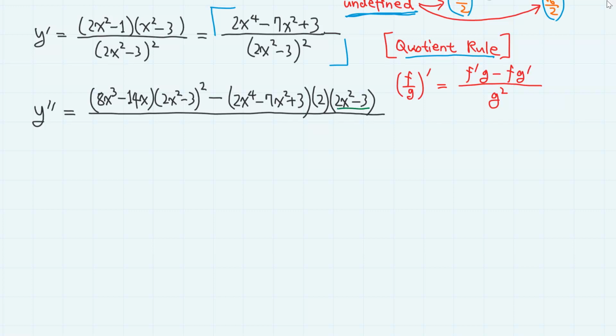the chain rule, we have to multiply the derivative of this 2x squared minus 3, so we must multiply 4x, divided by the denominator squared, 2x squared minus 3, now to the power of 4.